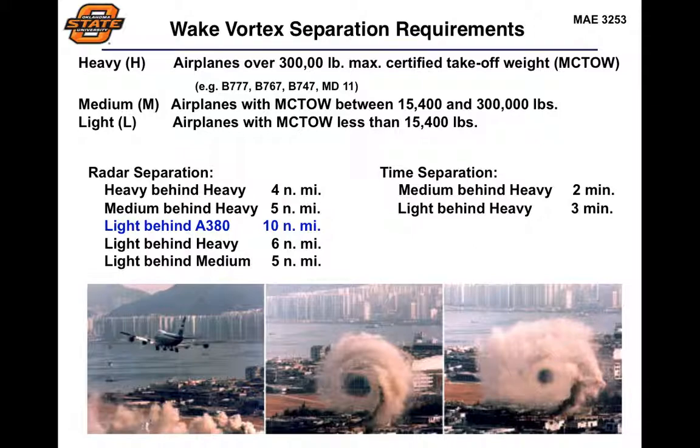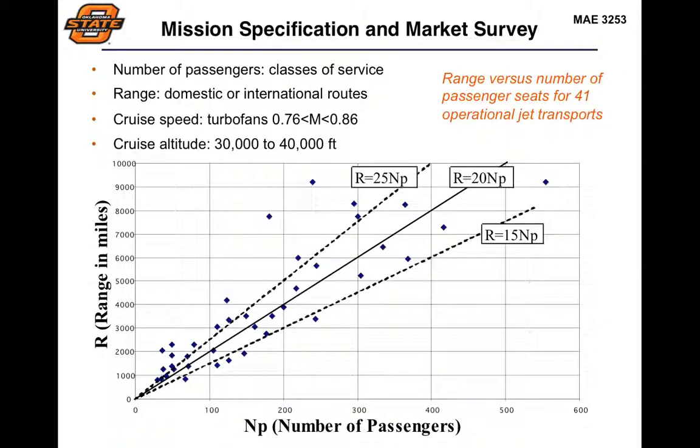And this may not seem like a big deal, but it has a direct impact on the capacity of an airport. Meaning as soon as one of these jumbo jets takes off, you end up having to wait a lot longer before you can put another aircraft in the air from that particular runway. So these do have impacts that may live a lot longer than these design decisions that you make early on in the process.